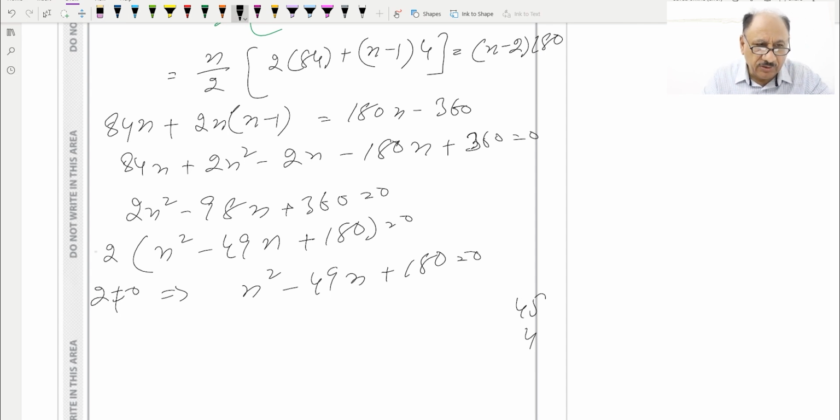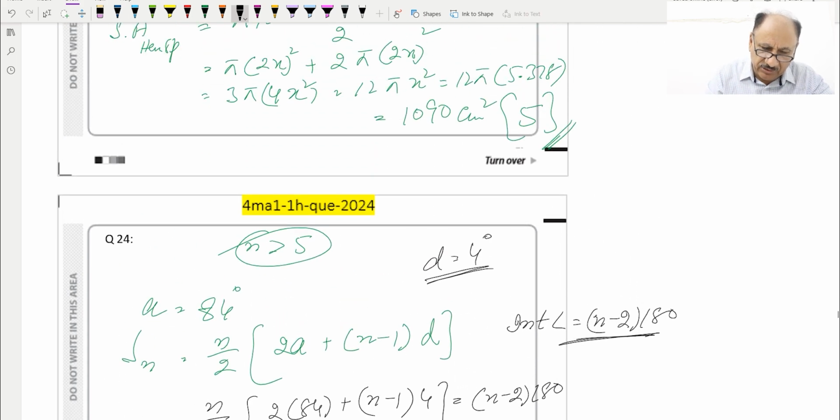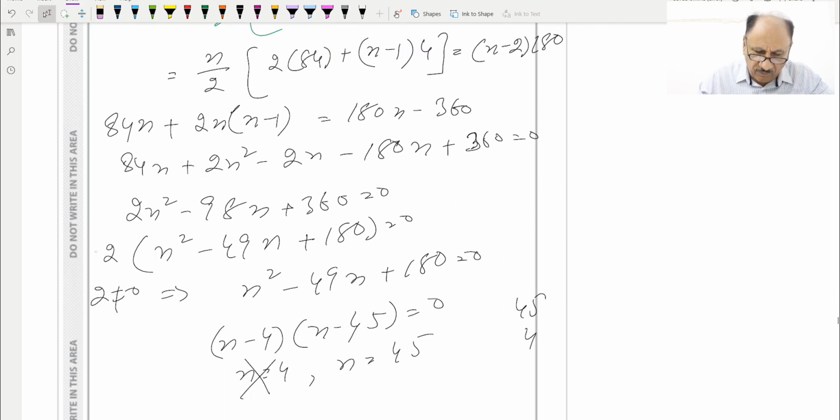This will be (n minus 4)(n minus 45) is equal to 0. So n is equal to 4 and n is equal to 45. N is equal to 4 we are rejecting because of the condition of the question, which is saying n is more than 5.